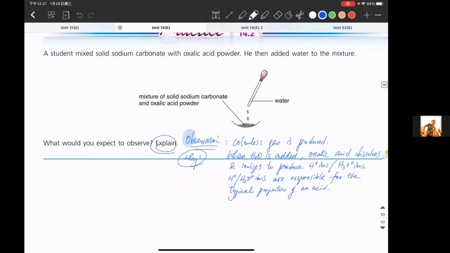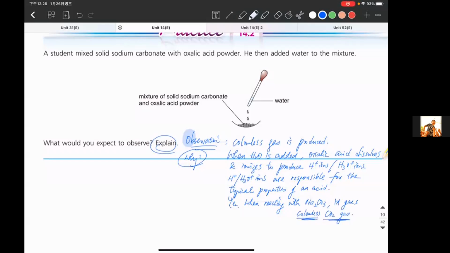So, which means that when reacting with sodium carbonate, it gives CO2 gas, which is colorless.